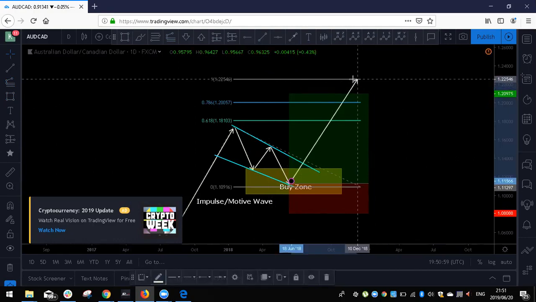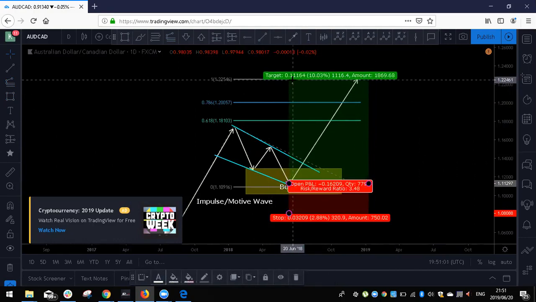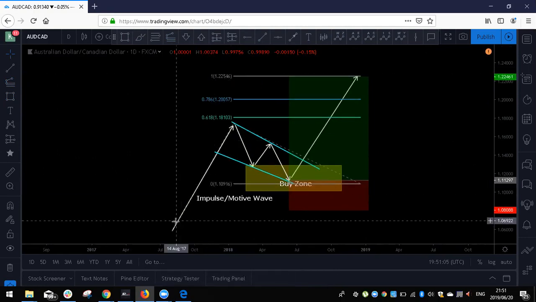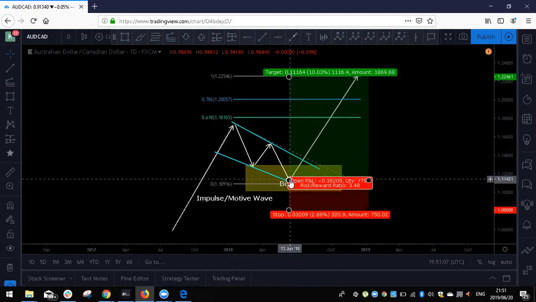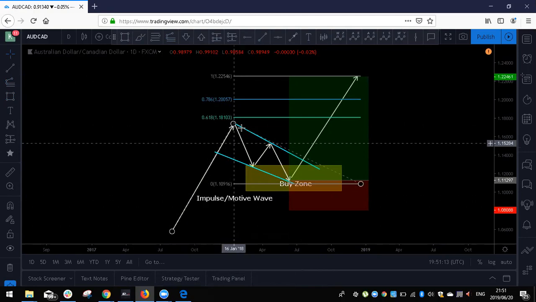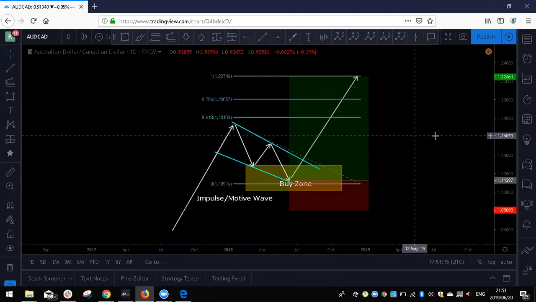It should come up to there. It means 100% expansion of this, this length is exactly the same as this.